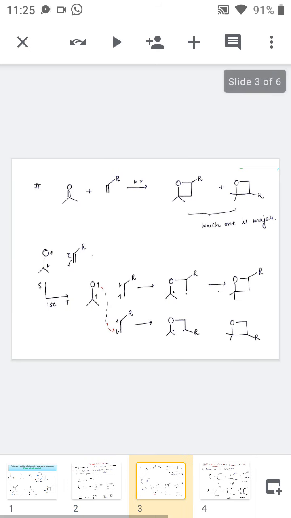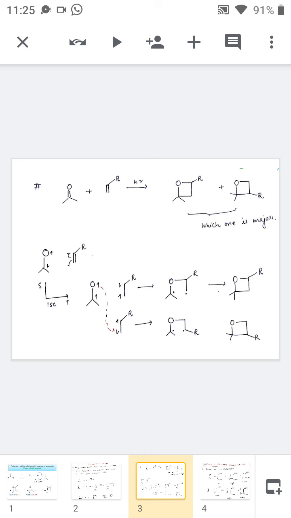Now we are moving to another example in which our starting material is a ketone and an alkene having only one substituent. So in this case we will get two different products, one major and the other a minor product. In this mechanism, the carbonyl group absorbs the radiation and undergoes excitation, first to singlet, then to triplet, then it undergoes homolytic cleavage and forms two radicals.